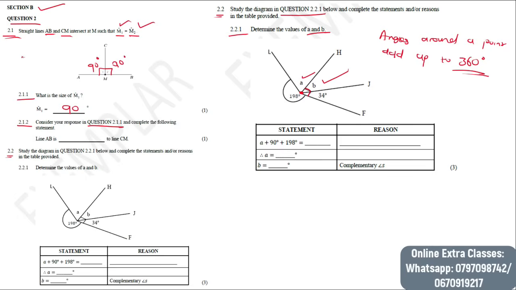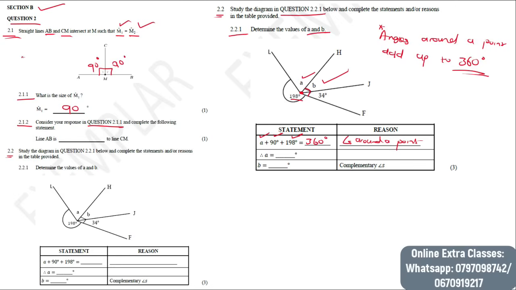This represents 90 degrees. That's why we are saying 198 degrees plus 90 degrees plus A. This will be equal to 360 degrees, and our reason will be angles around a point.